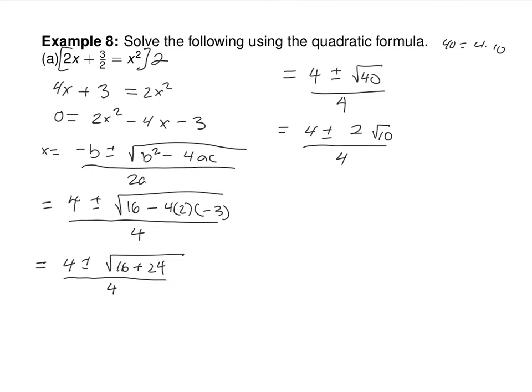What's the other thing you can do to this? Reduce the fractions, divide both by 2. So that becomes 2 plus or minus root 10 over 2. Technically, how many answers is that? 1 or 2? 2. Okay.